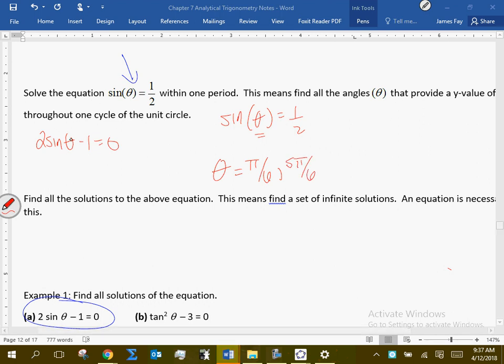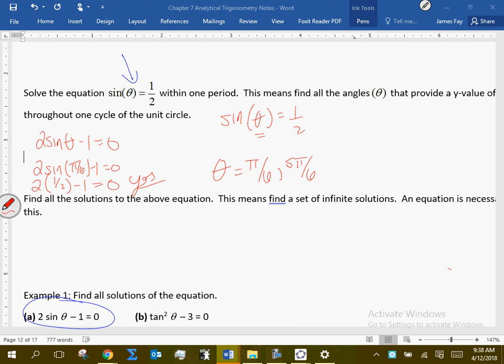Because if you put pi over 6 right here for theta, what's sine of pi over 6? Sine of pi over 6 is 1/2, right? Times 2, minus 1. Is that a true statement? Does 2 times 1/2 minus 1 equal 0? Yes. And if you do it for 5 pi over 6, you get the same.